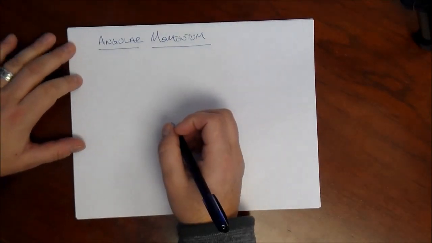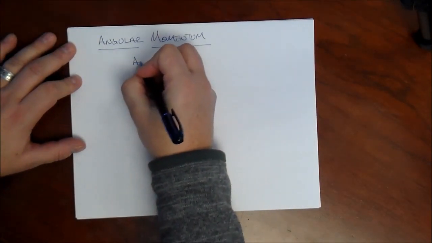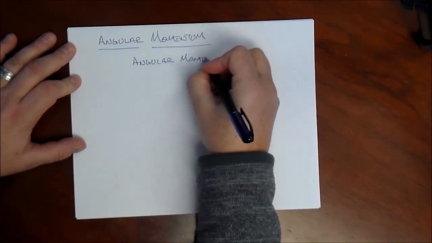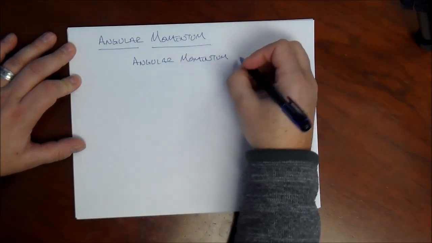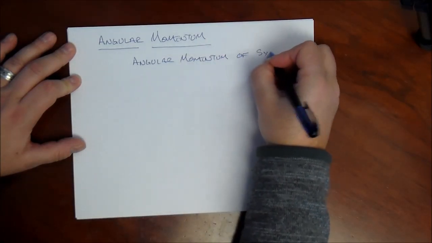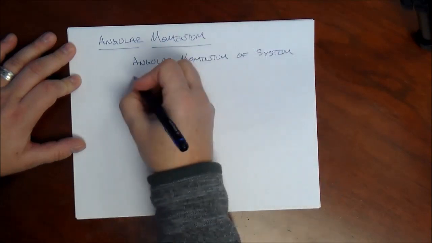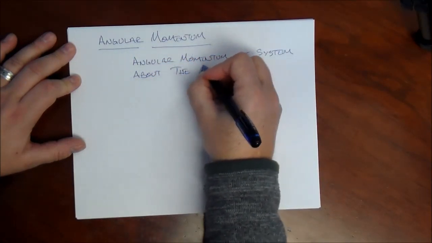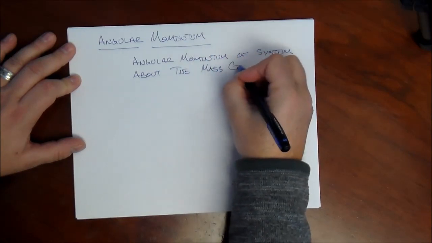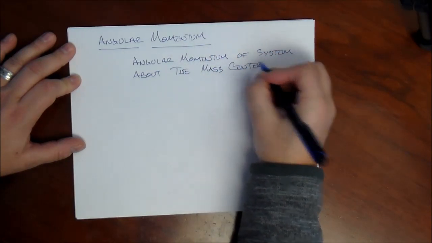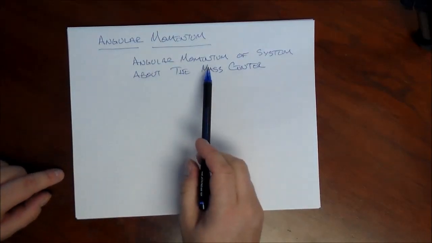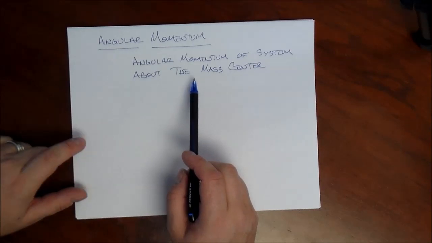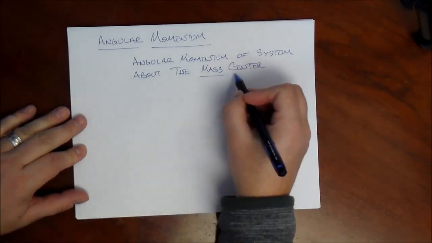So what we want to do now is come up with an expression for the angular momentum, not about an arbitrary coordinate system, but about a reference frame, a coordinate system at the mass center.